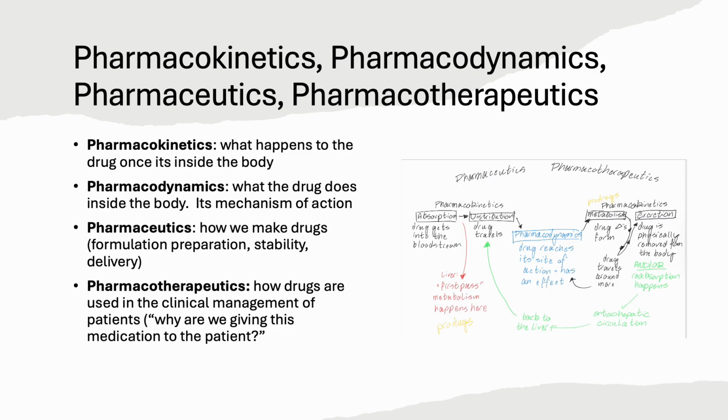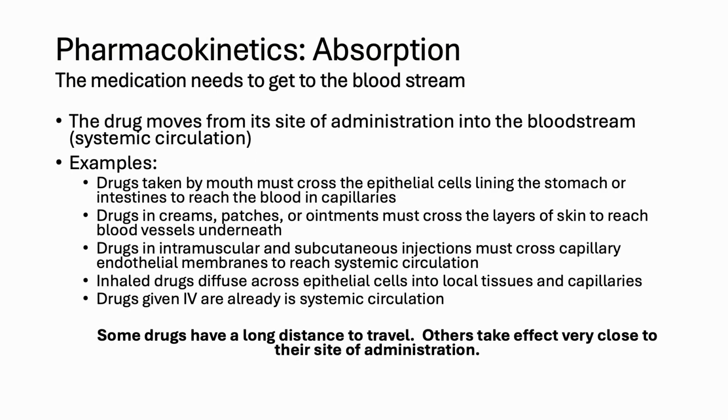But if their blood pressure drops too much with nitroglycerin, then you can move to morphine or hydromorphone. You don't have to memorize that example right now. I'm just using it as an example so that you understand that the same drug can be given for 2 different purposes. So this is the flow chart that we're going to be following for the first part of our lecture. Let's start with absorption.